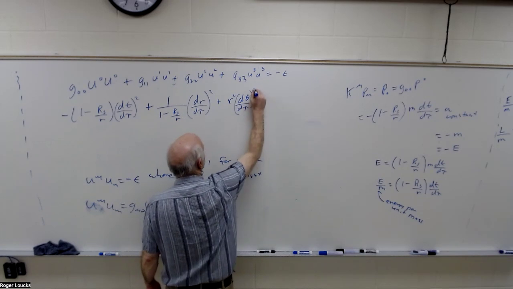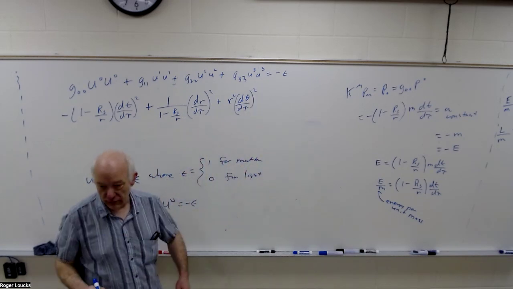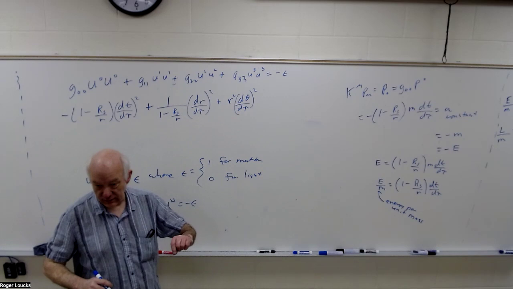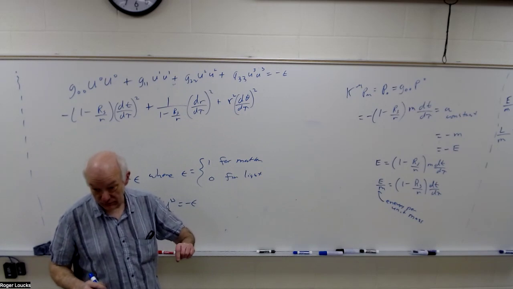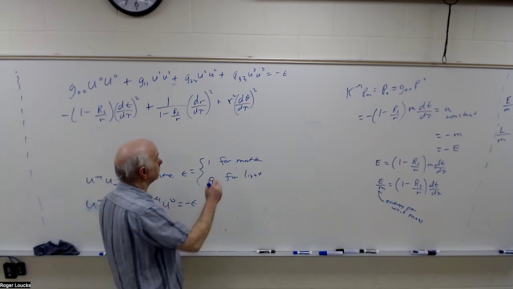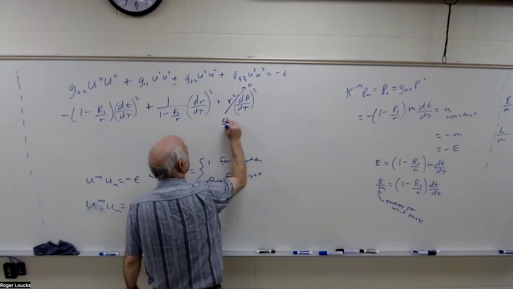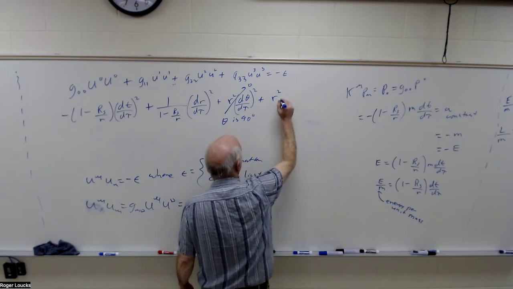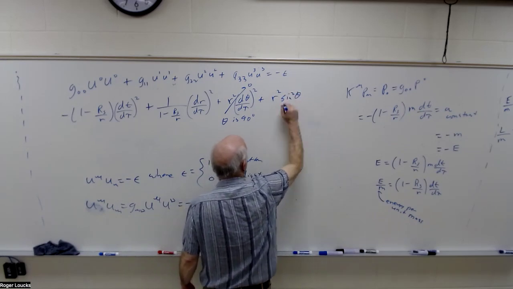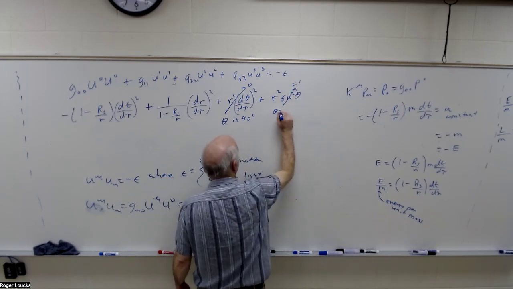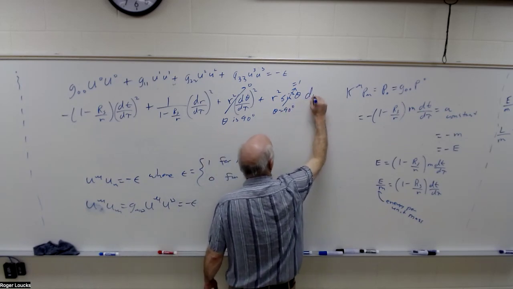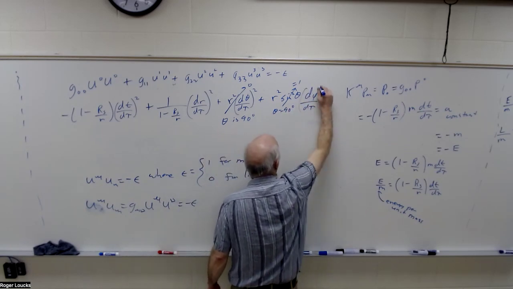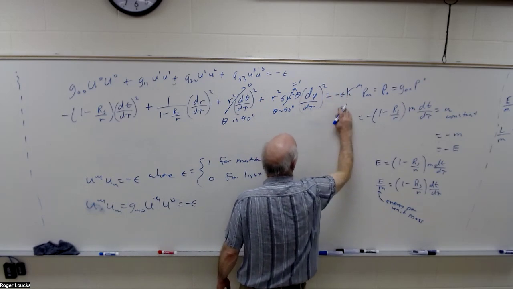But what do we know about theta? Theta is 90 degrees, so it's constant, so this is 0. And plus this one is going to be r squared sine squared of theta, but that's going to be 1 because theta is 90 degrees, times (d phi d tau) squared, equals minus epsilon.